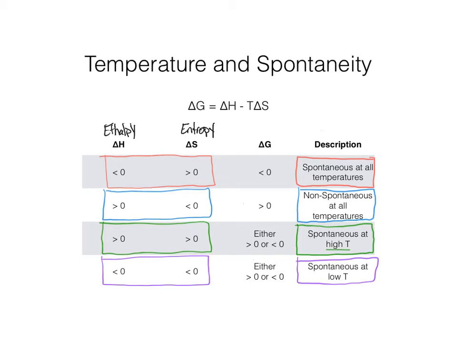And so if we have where our delta H is negative, which is favorable, and our entropy is positive, which is favorable, this condition is both enthalpy and entropy driven.